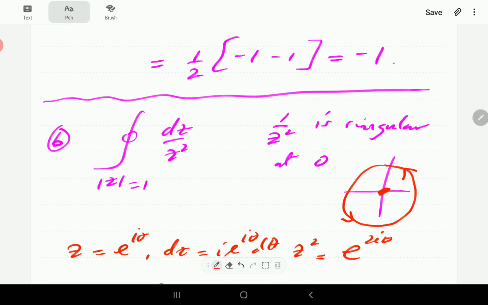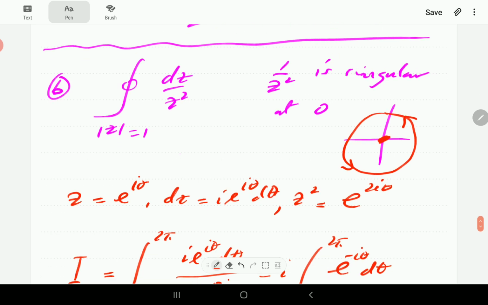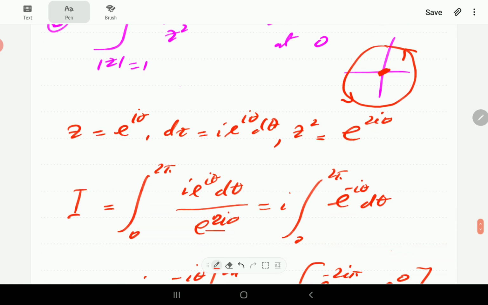So we do the integration manually again. Z is e to the I theta, dz is I e to the I theta d theta. We're going to need z squared, it's going to be e to the 2I theta. We substitute, so that's going to be z squared, that's dz. We are going to do the integral from 0 to 2 pi.